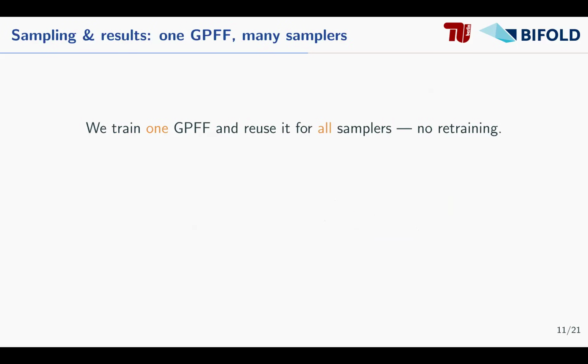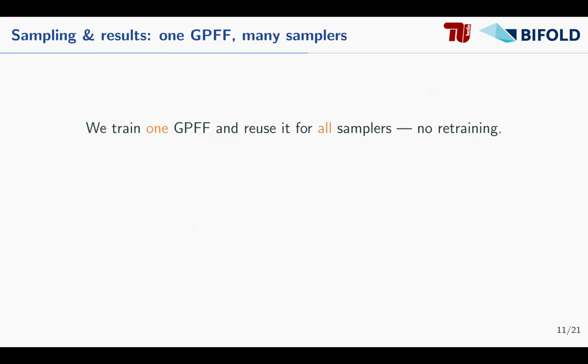Okay, so now we know the basic idea of GPFF and we know how to train it. And next I want to show how we can use GPFF in order to sample stable molecules from it. Because we can view GPFF as a diffusion model or as a machine learning force field, we have a whole bunch of different options for sampling.